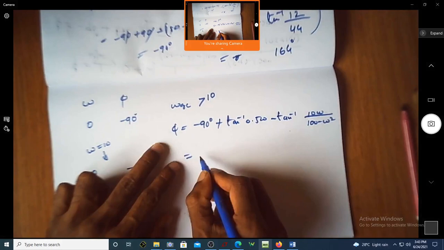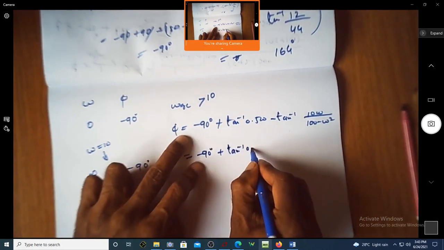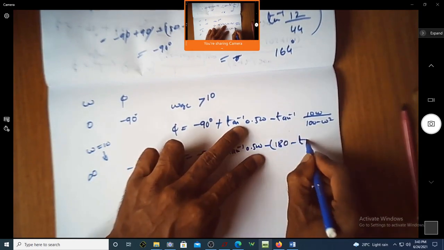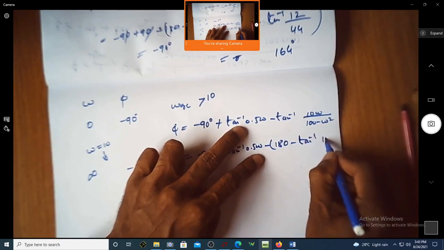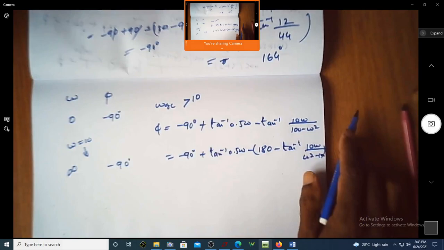Same is minus 90 degree plus tan inverse of 0.5 omega minus of 180 minus tan inverse of 10 omega by omega square minus 100. Correct?